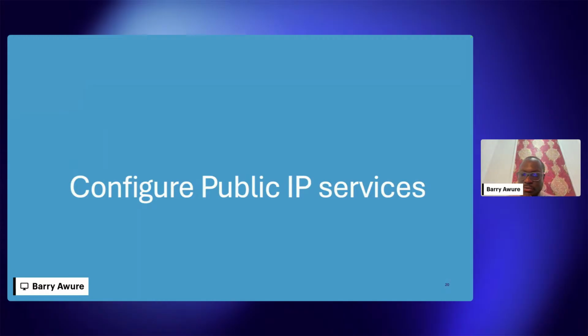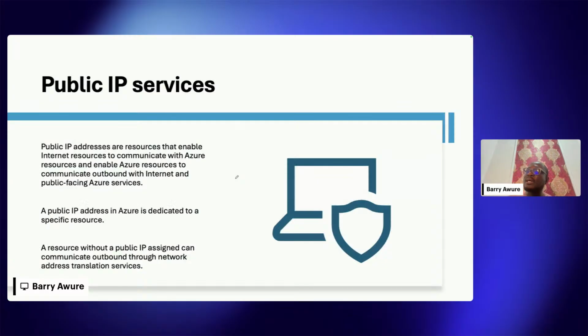All right, so now moving into public IP addresses. We've talked so much about private IP addresses. The concept of subnetting is still virtually the same. Public IP addresses are basically IP addresses that are routable to the internet. These are IP addresses that you can allocate to your resources that need bidirectional traffic communication.